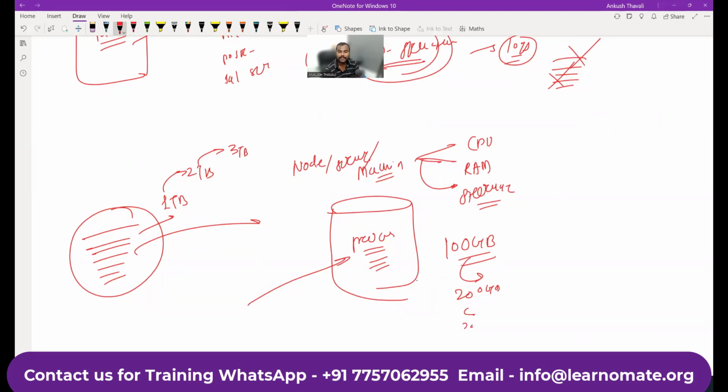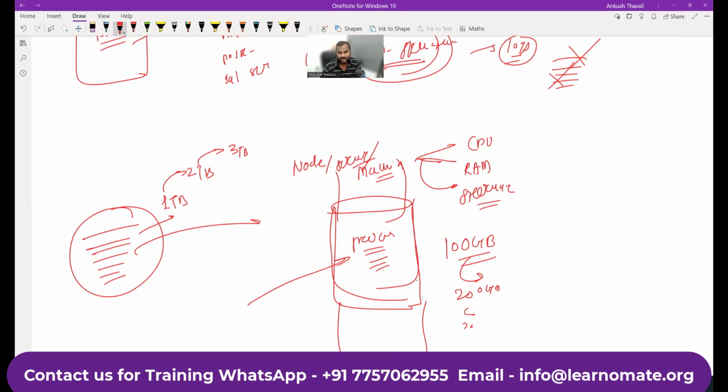But later you realize that even though you keep increasing the RAM and resources of the same server, trying to make it very powerful, after a certain time it is still not processing your data.